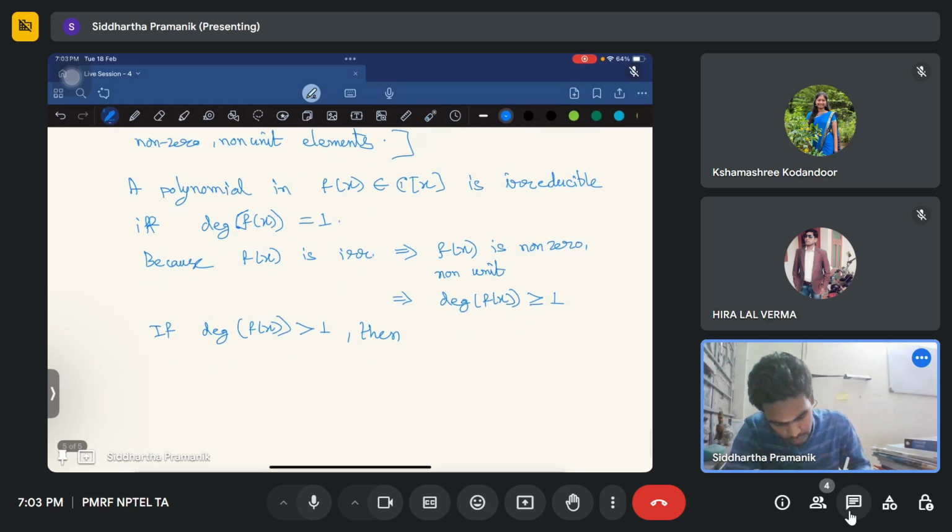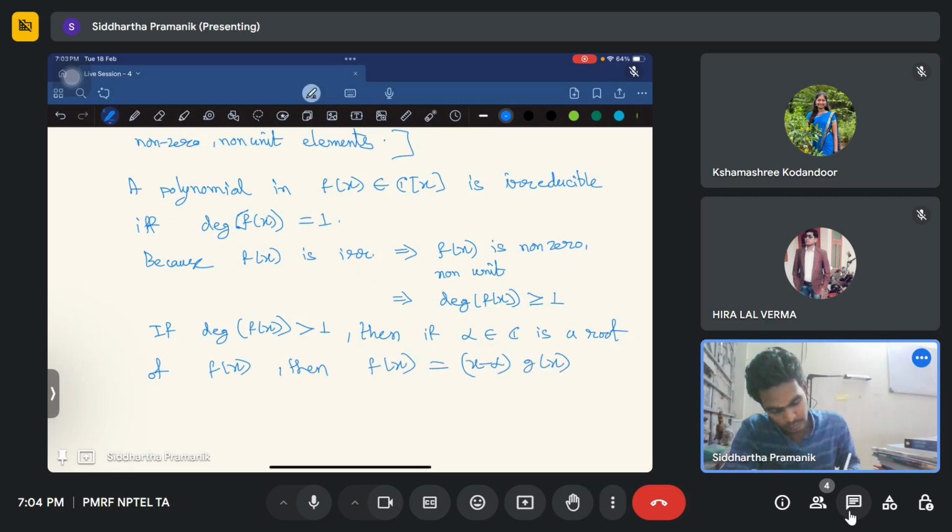Then if alpha belongs to C is a root of f, then f(x) can be written as (x minus alpha) times some g(x), right? So then it can be written as a product of non-zero, non-unit elements. So then f(x) becomes reducible. So this is not true.